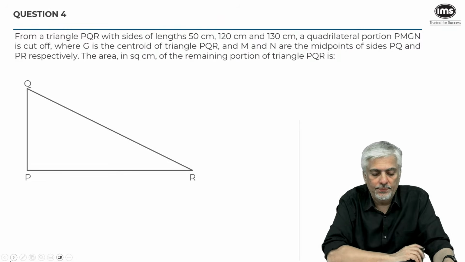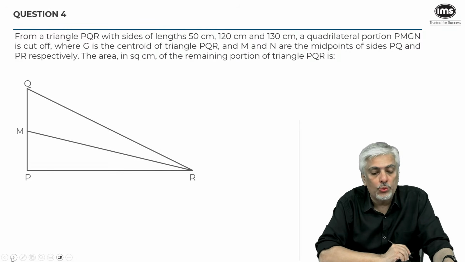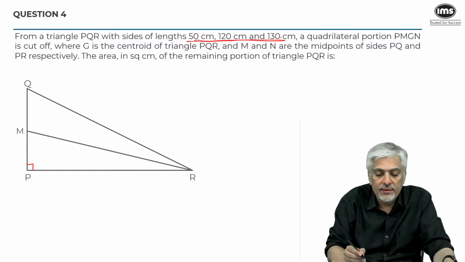Initial part of the diagram. Then they have told us M is the midpoint of PQ. So this will be my median. How do I know it's a right angle triangle, by the way? You can see this is a multiple of 5, 12, 13.